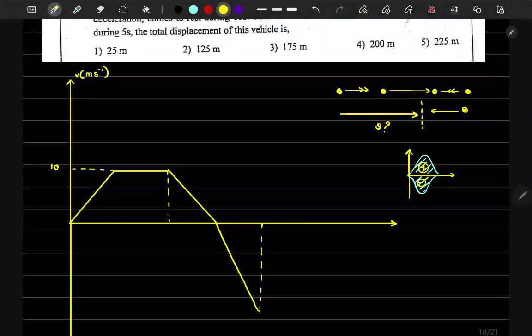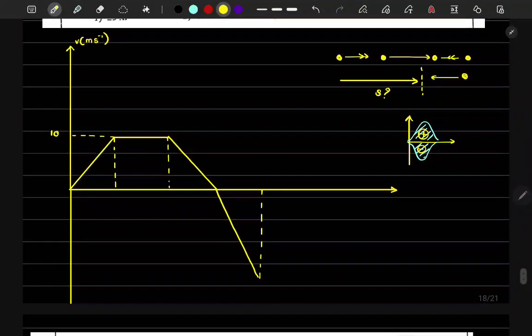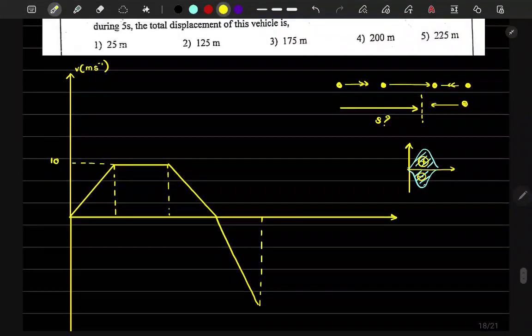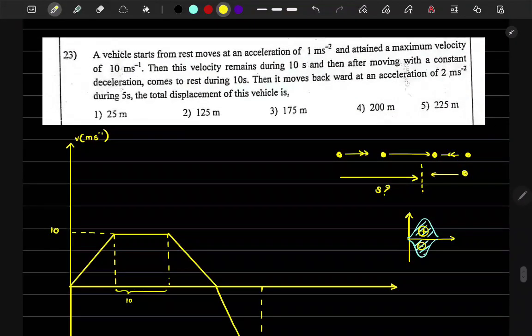So those displacements are negative changes in displacement, that is reductions. Now first of all, let's figure out what these times taken are.